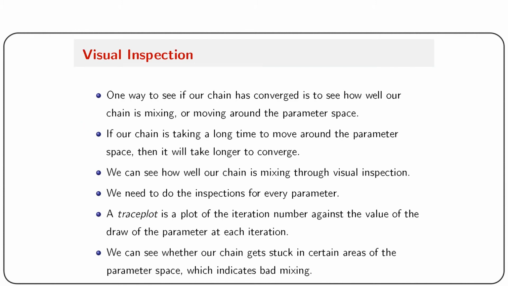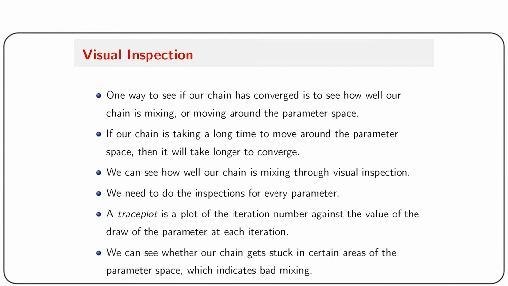Visual inspection: one way to see if our chain has converged is to see how well our chain is mixing, or moving around the parameter space. If our chain is taking a long time to move around the parameter space, then it will take longer to converge. We can see how well our chain is mixing through visual inspection.